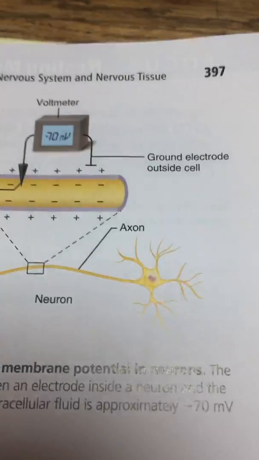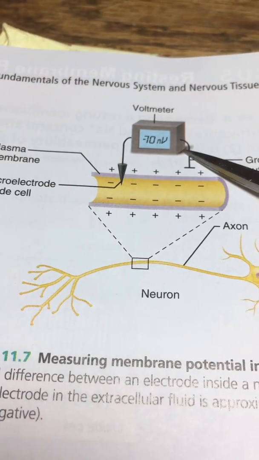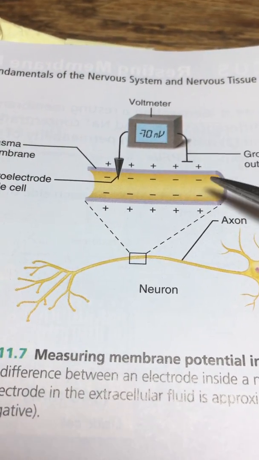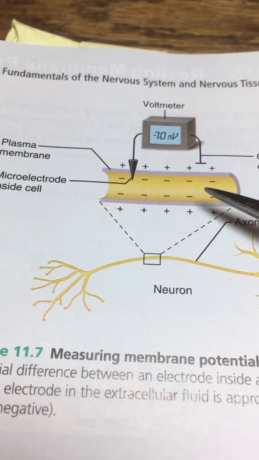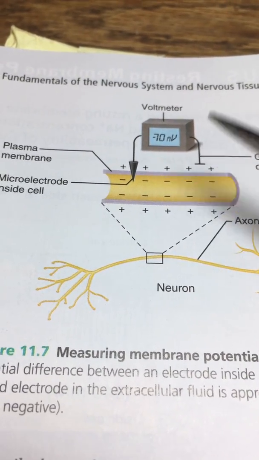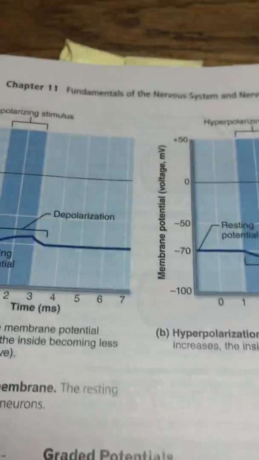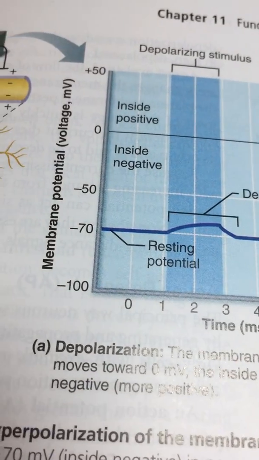So as we come back to the text here, we see that we have our little potentiometer, or voltmeter, and sure enough, we have measured in this little cartoon minus 70 millivolts, just the way you like it.